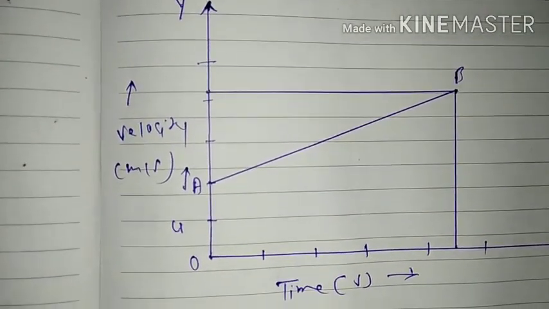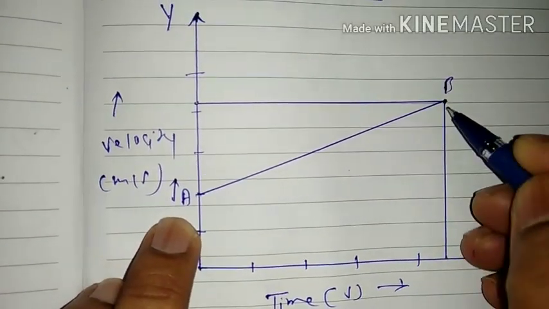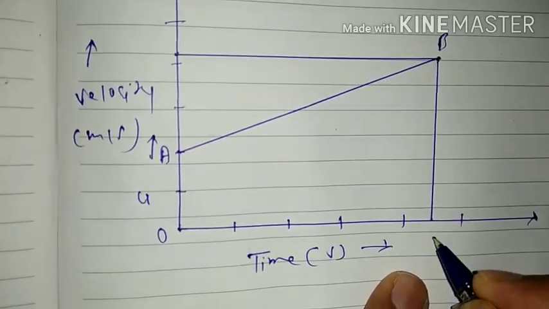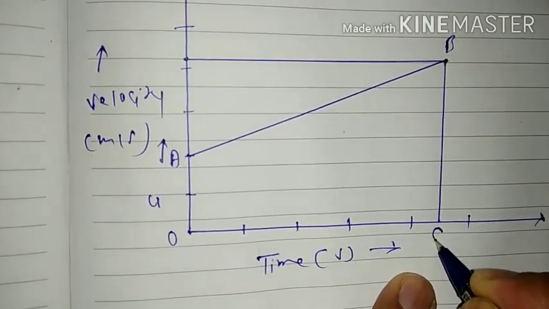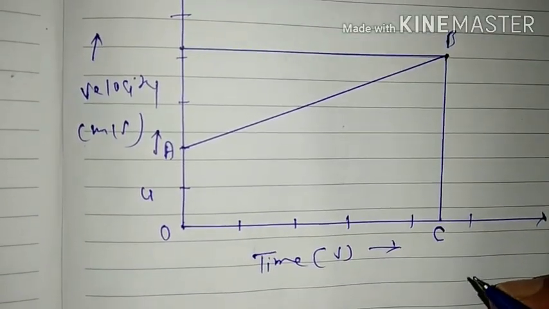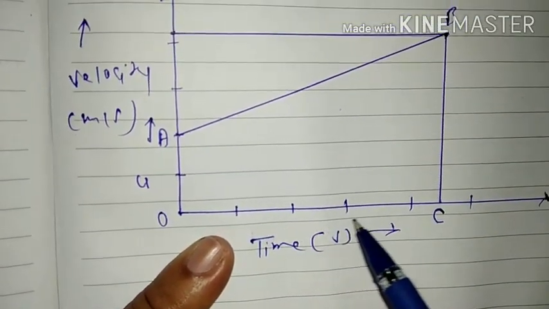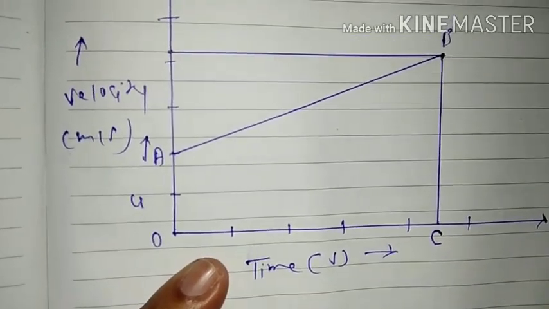So once again, from this point B of the velocity time graph, we draw a perpendicular on the x-axis which meets at point C, and according to our previous knowledge, each and every point on this x-axis gives us a time interval.